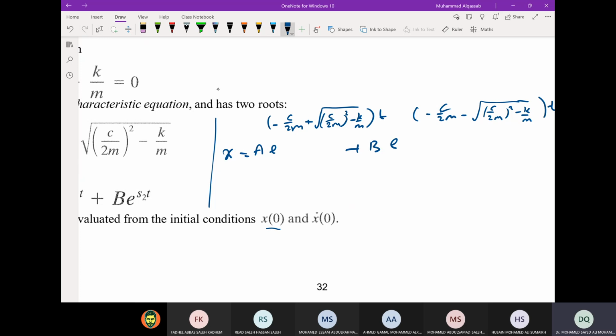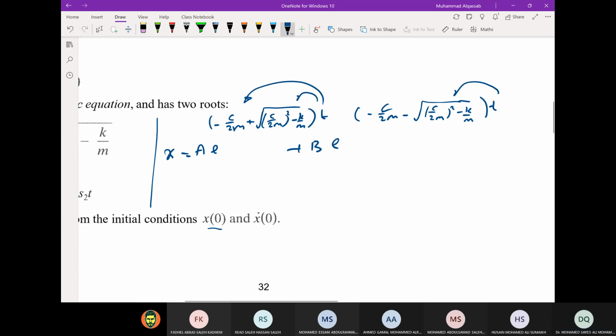Now what you can see, if you distribute the t inside the bracket, you can take e to power minus c over 2m times t as a common factor.